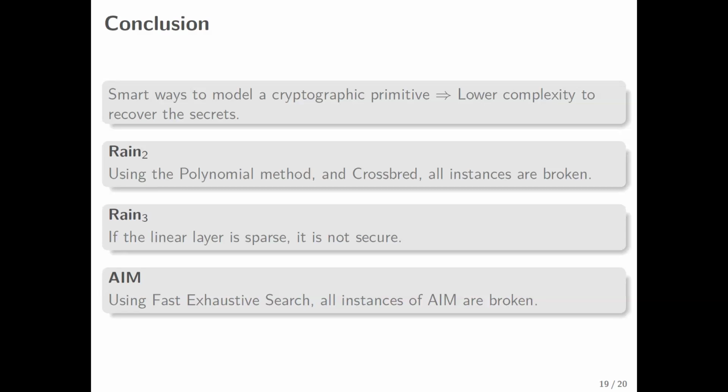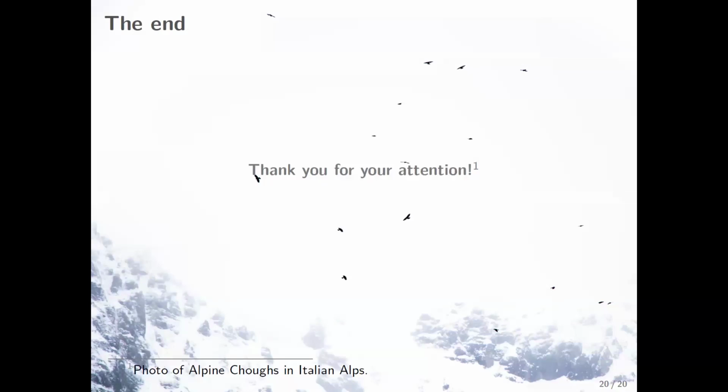Here we saw that we can break all instances of 2-round RAIN using the polynomial method and crossbreed. We showed that if the linear layer of the 3-round RAIN is sparse, then it's not secure. And we use fast exhaustive search to break all instances of AIM. Thank you for your attention. If you have questions, I'd be happy to answer.